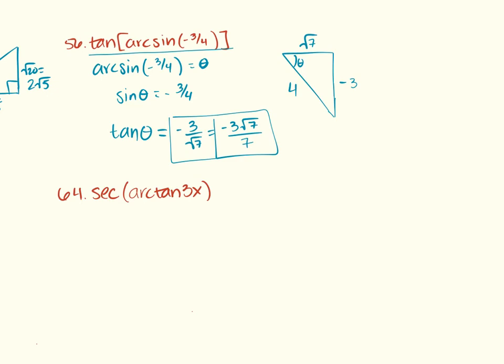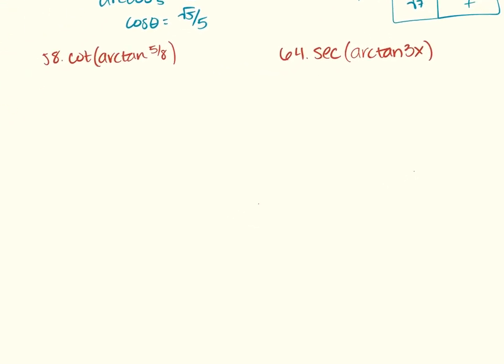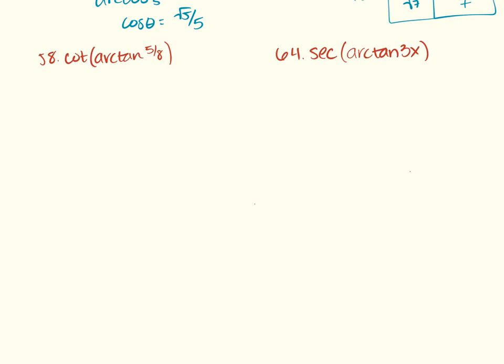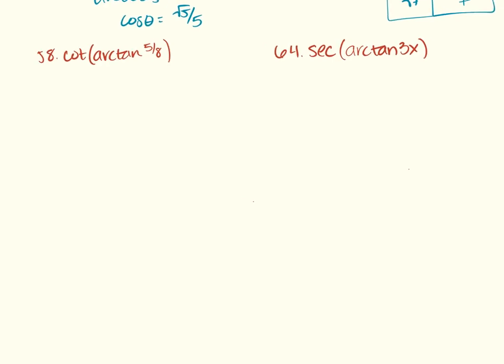Okay, let's look at a couple more. For 58, we've got cotangent of arctangent of 5/8. Okay, so there's two ways to solve this. You can either draw a triangle for arctangent for that theta value and solve for cotangent, or we can use properties. Now, cotangent is defined as 1 over tangent.